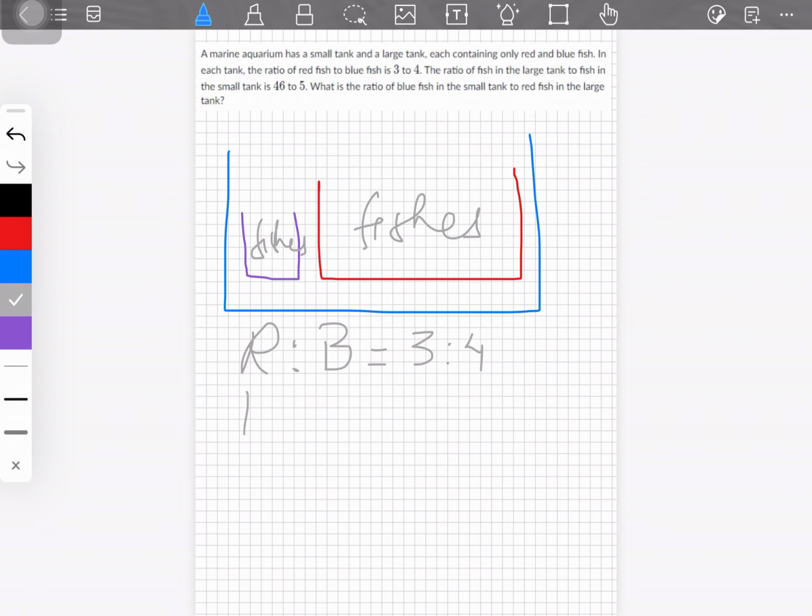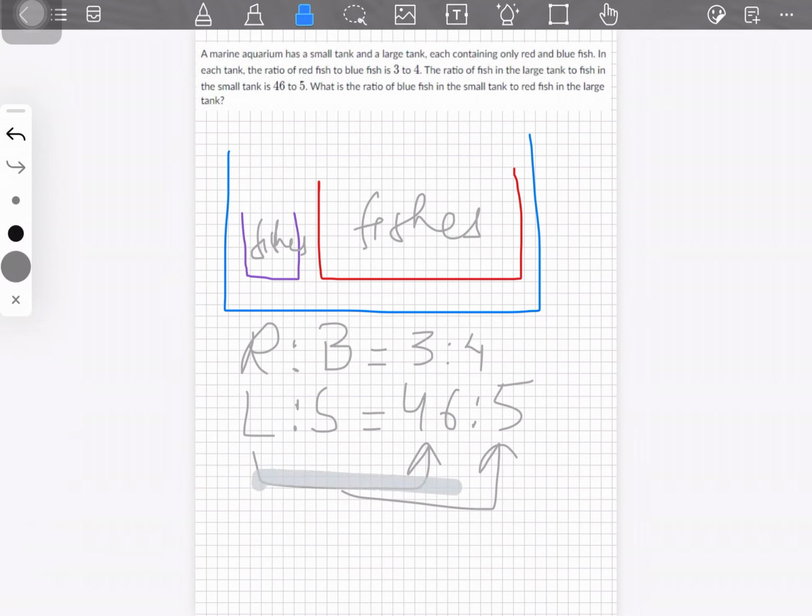So large to small is 46 to 5. What you have to understand while solving questions related to ratio and proportion is the actual meaning. What it is saying here is, if there are 46 fishes in the large tank, then there must be exactly 5 fishes in the small tank. That is what the question is telling.